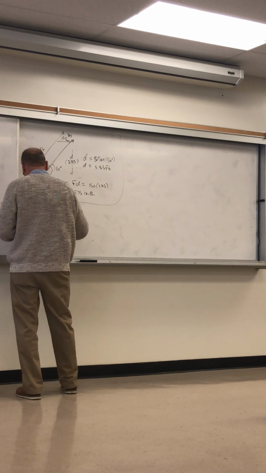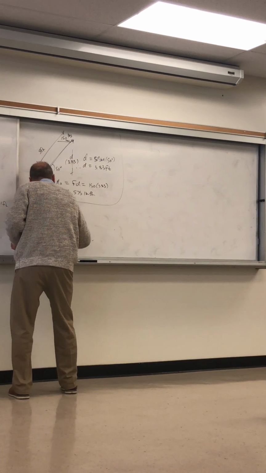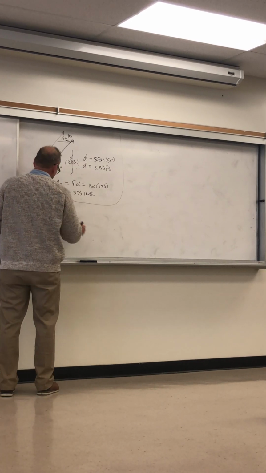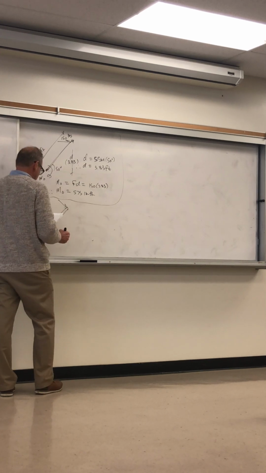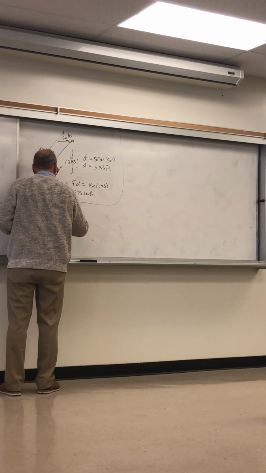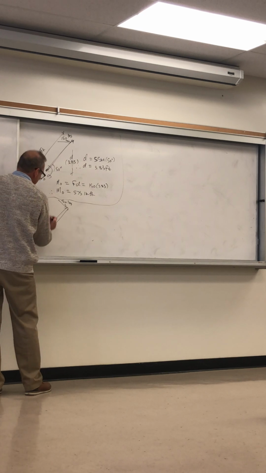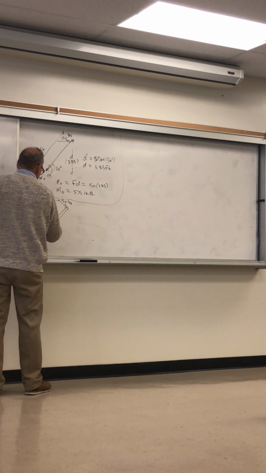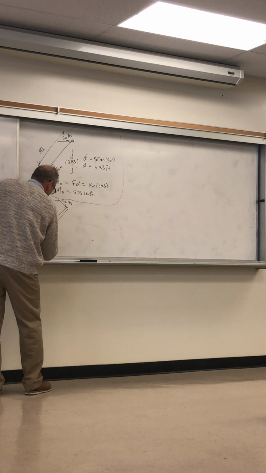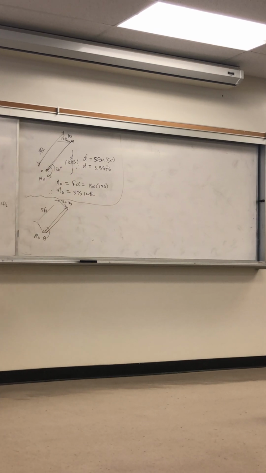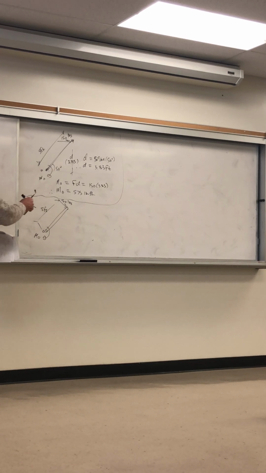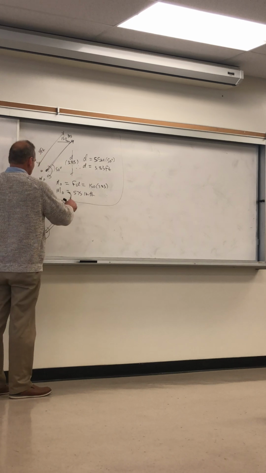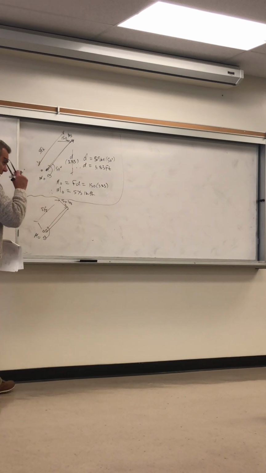Okay, looking at this again. Here's my structure. Now I have the force in this direction, 50 pounds. And this distance again from here to here is 5 feet. And this moment about O is M sub O. In this case, the force is aligned, right? So I don't need to take the components of it. I can just use the force multiplied by 5.